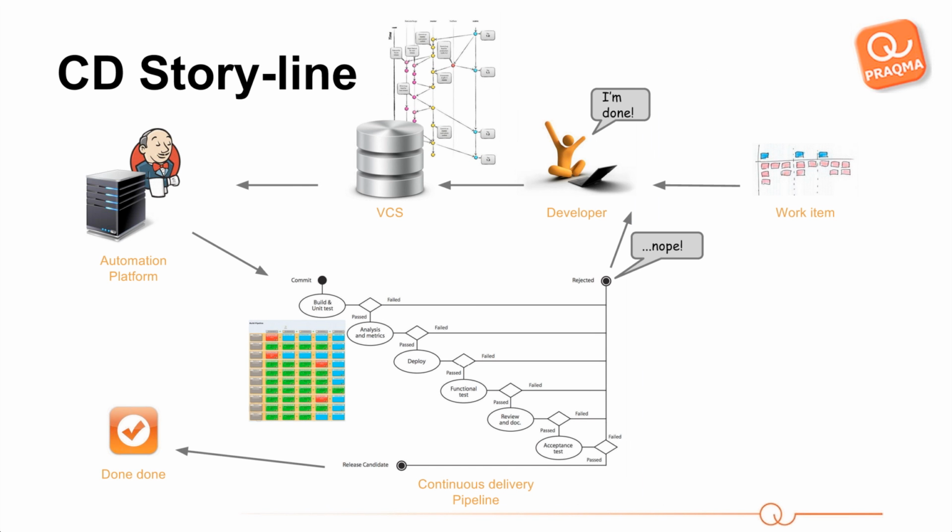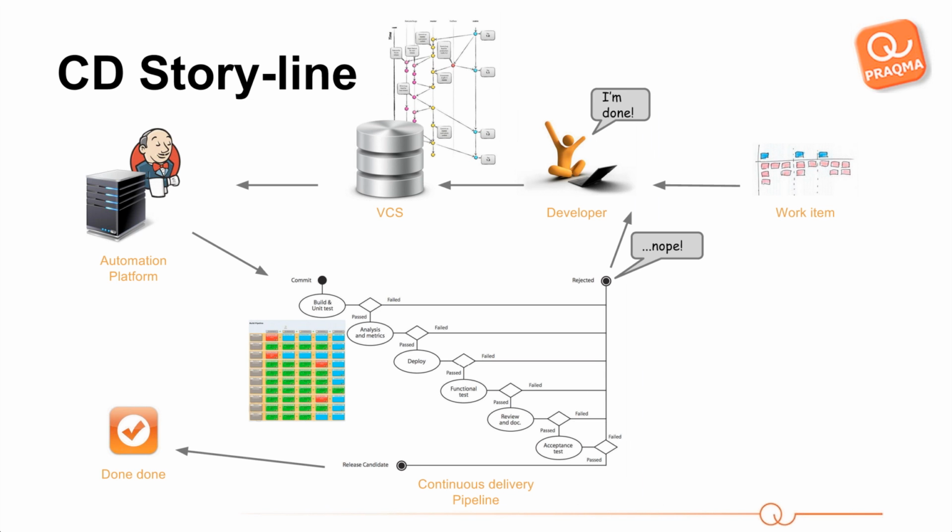This is the full context, starting at the top right corner, where you have a work item, which basically is a post-it note that you take off the whiteboard, and then you start working on it. As a developer, you would do that work on your own computer, and you would say, "Well, I'm done," and then check it into the version control system.